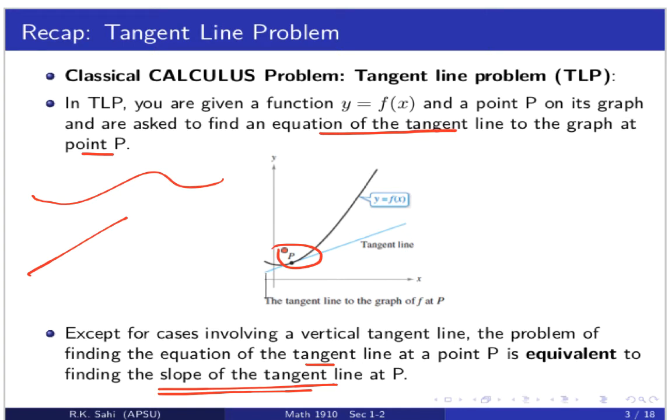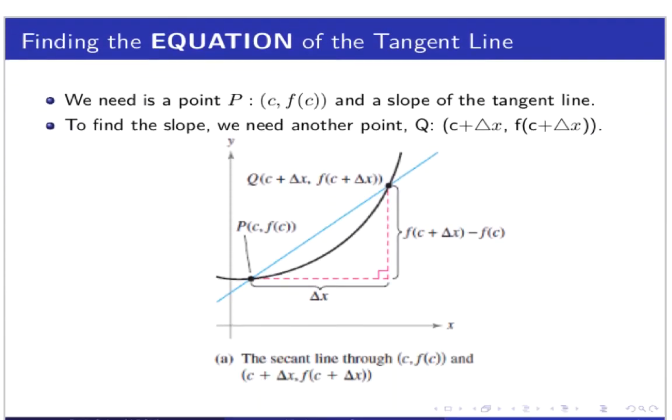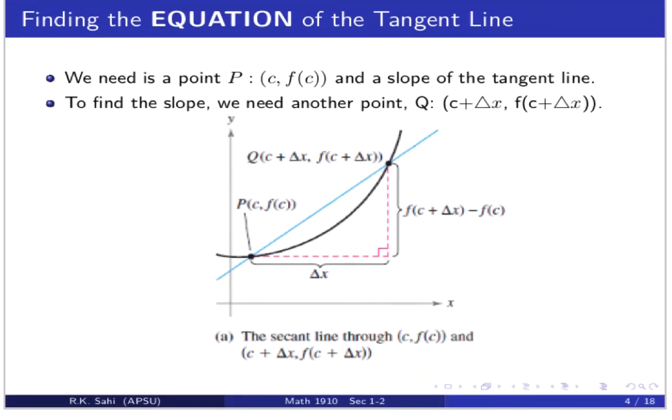So we just need to find the slope of the tangent line, and we can easily get the equation of the tangent line. What do we normally do on this curve? We need a point and a slope.